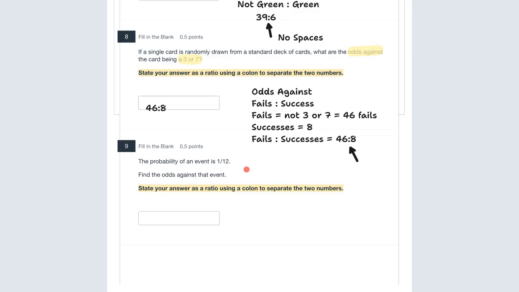Number 9, the probability of an event is 1 out of 12. So that means there is 1 success and 12 total. Right? That's what the 1 out of 12 means. And also understand that since there are 12 total and 1 success, there have to be 11 fails.